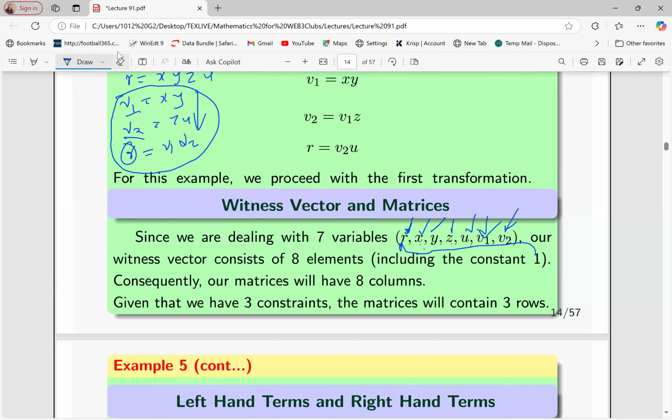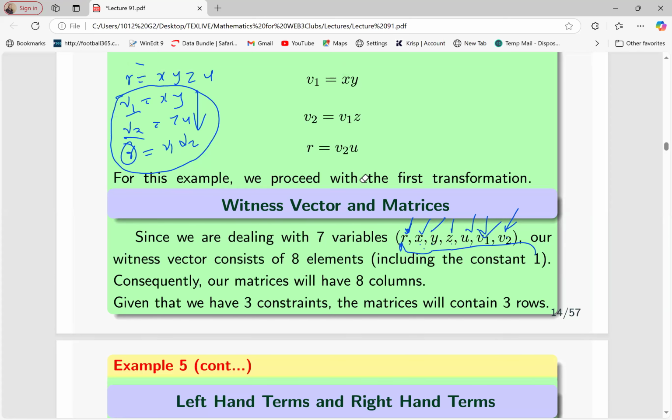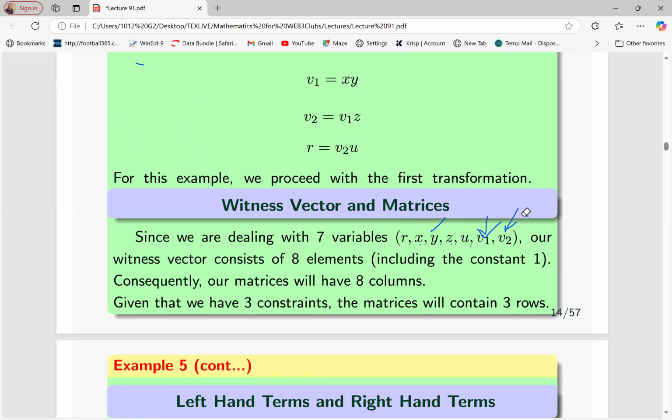So that then becomes our witness. Now, once you have that, I shall again rewrite it on the next page so that we come up with our matrices, our L, R, and output.